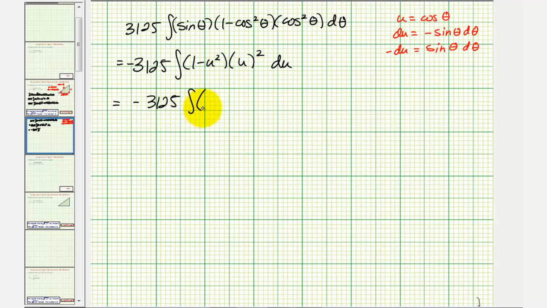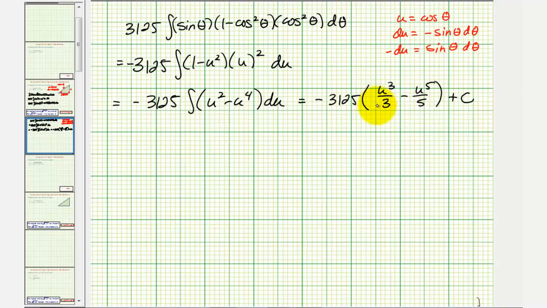So we'd have u to the second minus u to the fourth. And now we'll find the antiderivative with respect to u. So we'd have u to the third divided by 3 minus u to the fifth divided by 5 plus c.